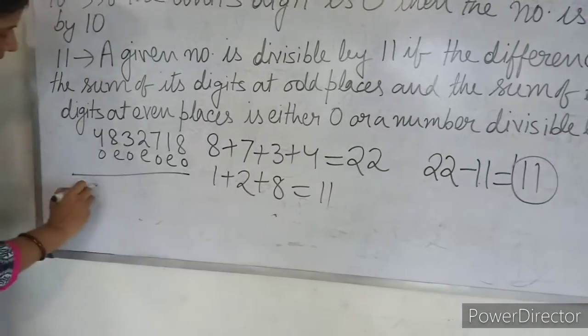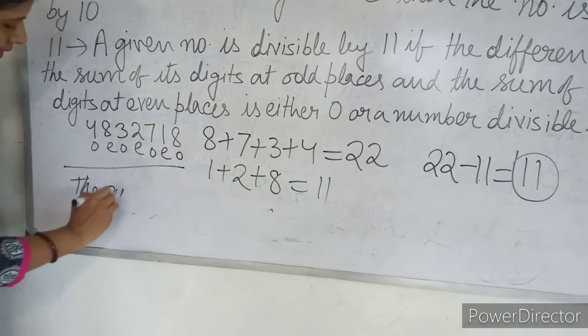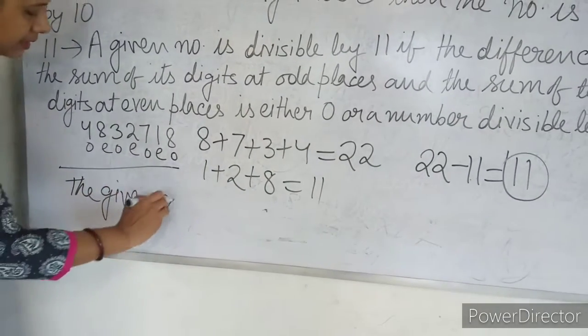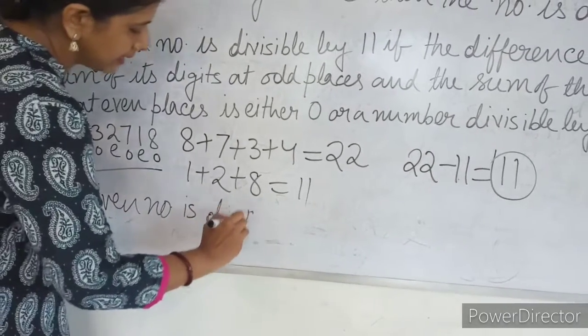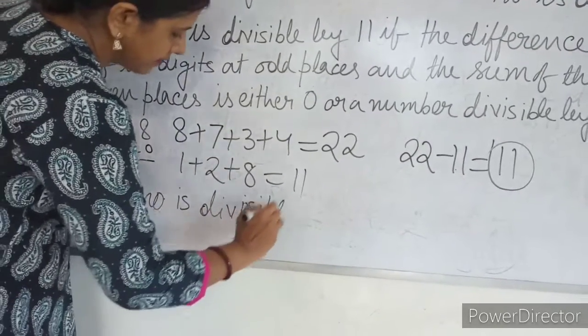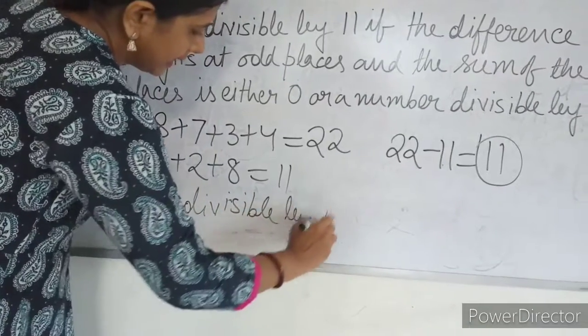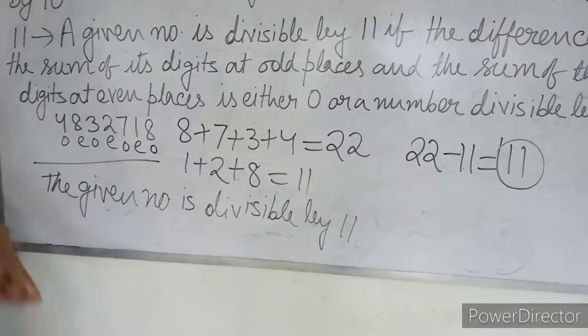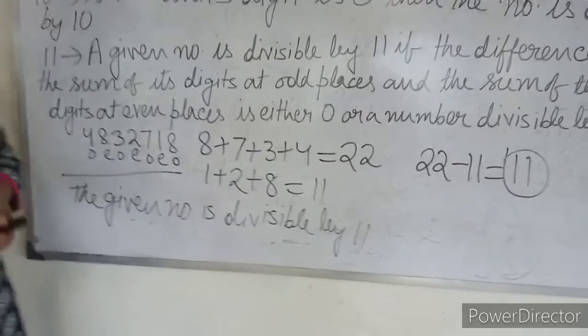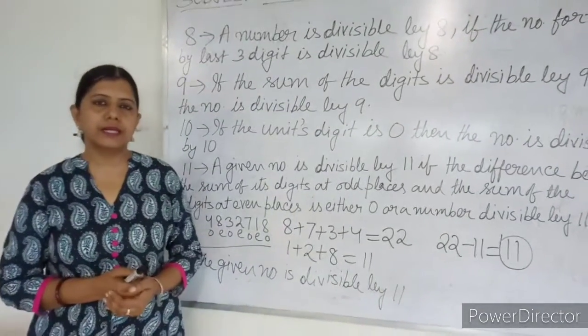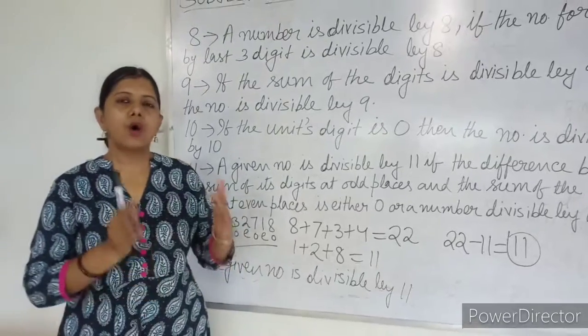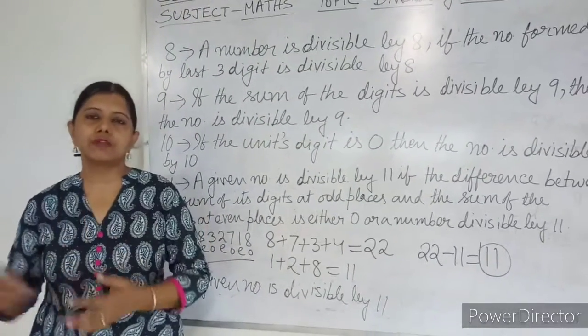So the given number is divisible by 11. Instead of 11, if the answer had been 0, then also I can say that it is divisible by 11. It can be 0 or any multiple of 11.